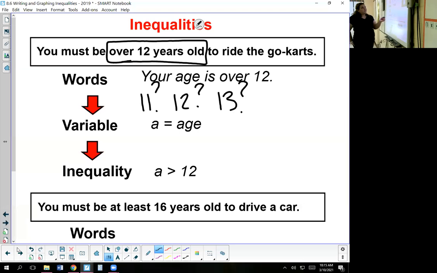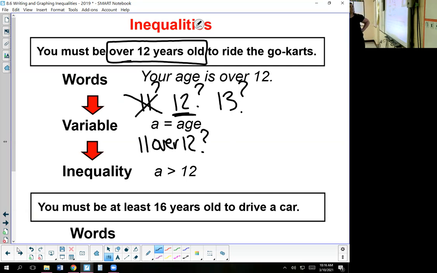But ask yourself, over 12 years old, is 11, so I'm plugging it in, is 11 over 12? No, so it can't be 11. So far it has to be greater than, right? Here's the key determination. Are you allowed to be 12 and ride the go-karts?